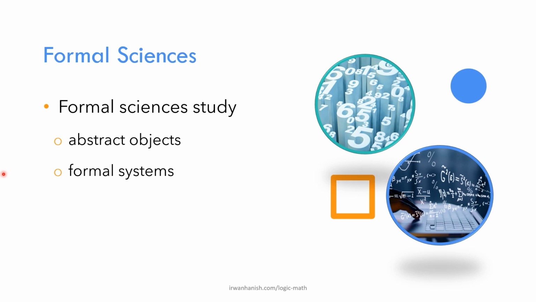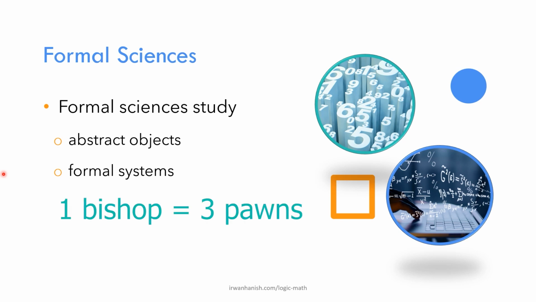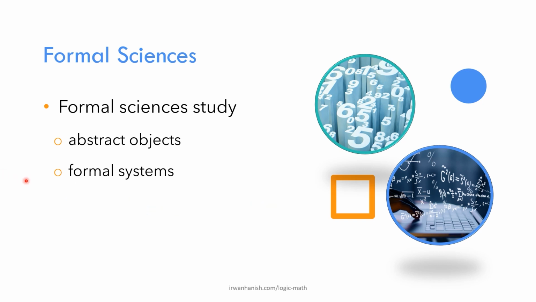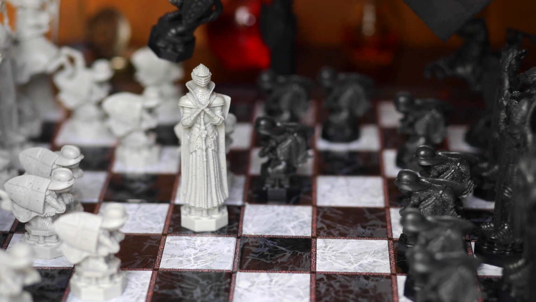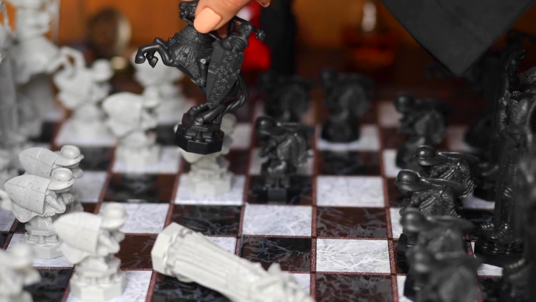You study their mathematical value, that bishops and knights are worth 3 pawns, and a rook, for example, is worth 5 pawns. And then you study their formal systems, like how do they move across the board. And you learn that knights can jump over other pieces, right? But bishops and rooks can't. So that's a formal science.